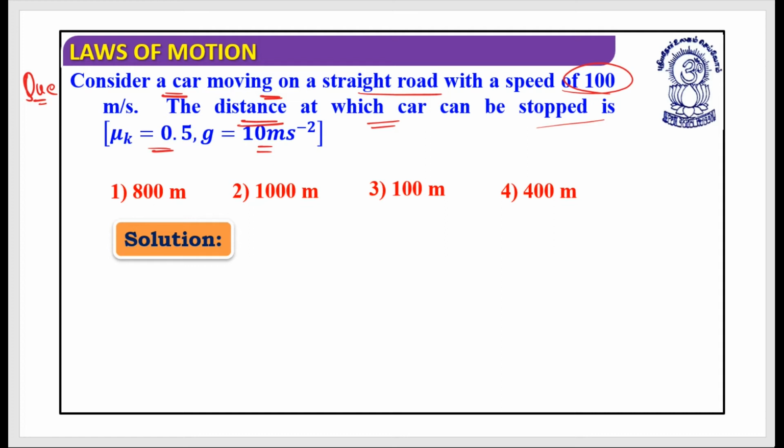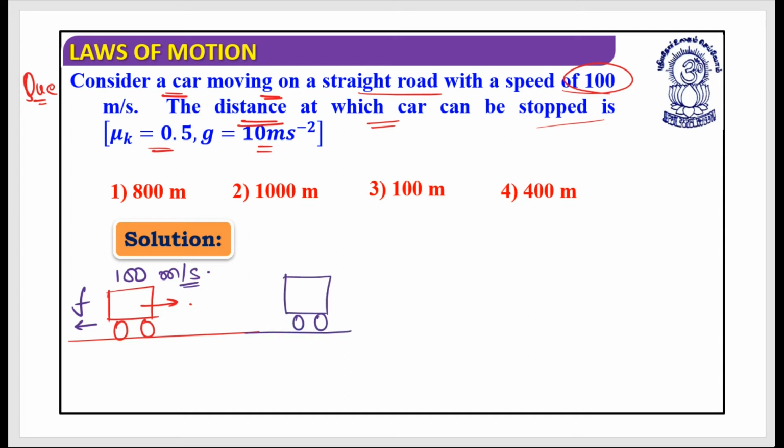Let's suppose the car is moving in the forward direction and the friction is acting in the opposite direction. Initially it has a speed of 100 meters per second, and it is going to be stopped after traveling a certain distance. Its final velocity would be 0, and let's say this distance is x.